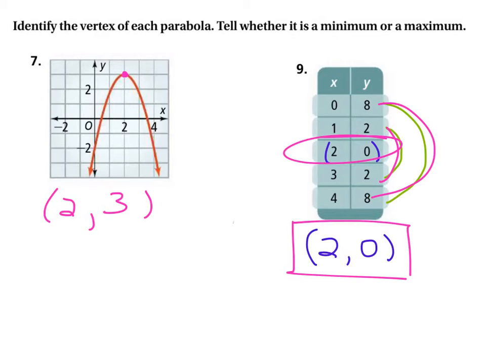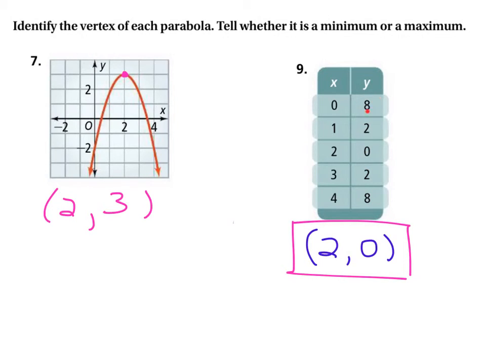But the last thing we need to do is identify if this is a maximum or a minimum for each one of these. Let me get these marks out of here real quick. And let's take a look at these numbers, because what's happening here is you can see that these y values are getting lower and lower until they bottom out at 0, and then they start going back up again.